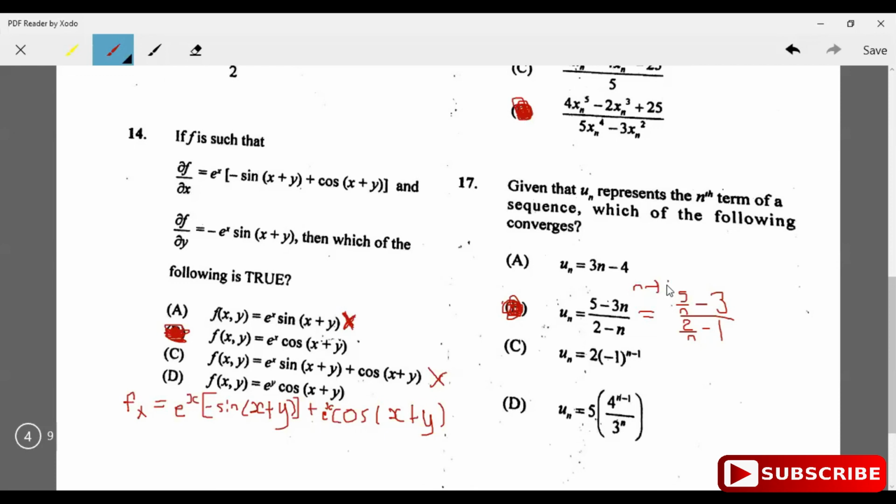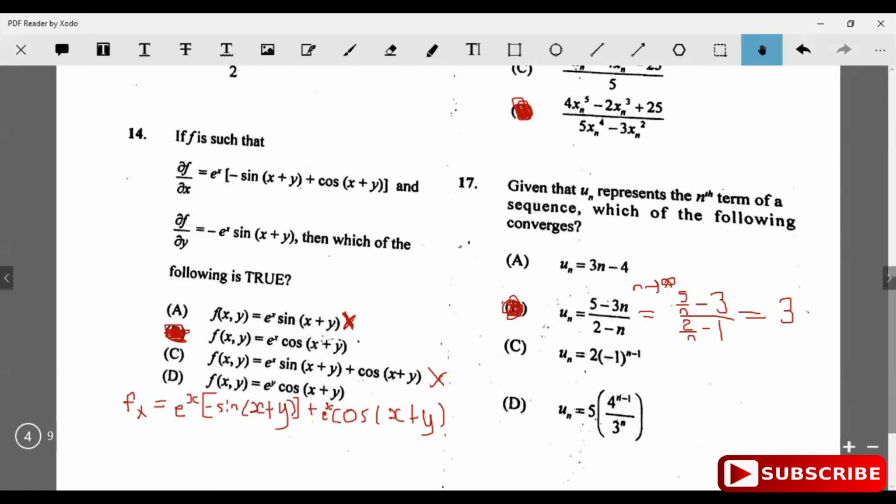So it's going to be 0 minus 3 over 0 minus 1, which is negative 3 over negative 1, which gives you 3. And that tells us the limit, the number that it's converging to. Easy question. Another repeat.